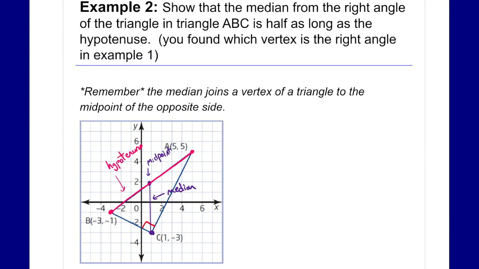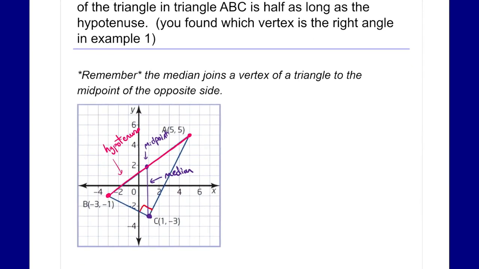Because I'm trying to find the length, I'm going to need to use my length of a line segment formula. Before I do that, I could go through and find this midpoint. So the midpoint of AB, we'll find that first, and then we'll look at our length of a line segment. For our midpoint, we have two values. We have the midpoint for x: x1 plus x2 divided by 2.